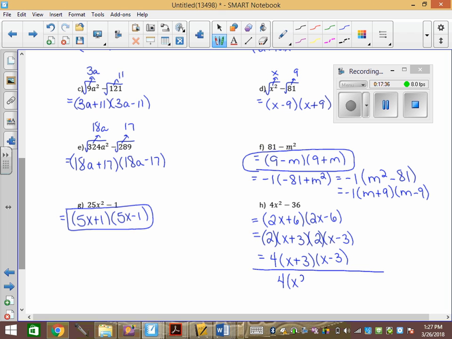If you took a 4 out at first, you would end up with x plus 3, x minus 3. Same answer. Less work, less chance of making an oopsie. So always remember that GCF always happens first. Doesn't matter what kind of terms we have.